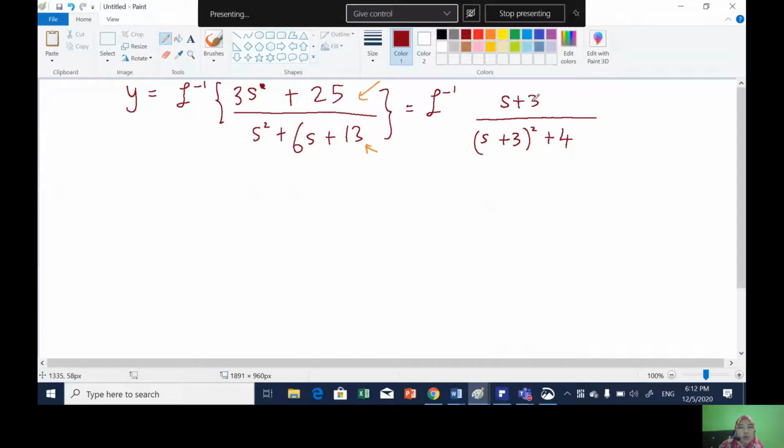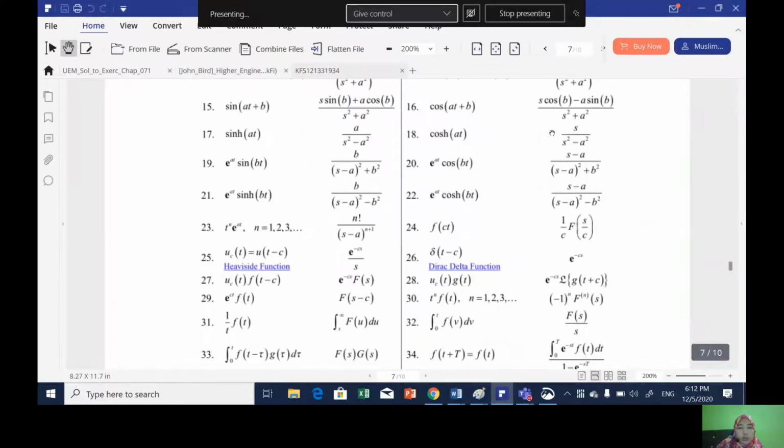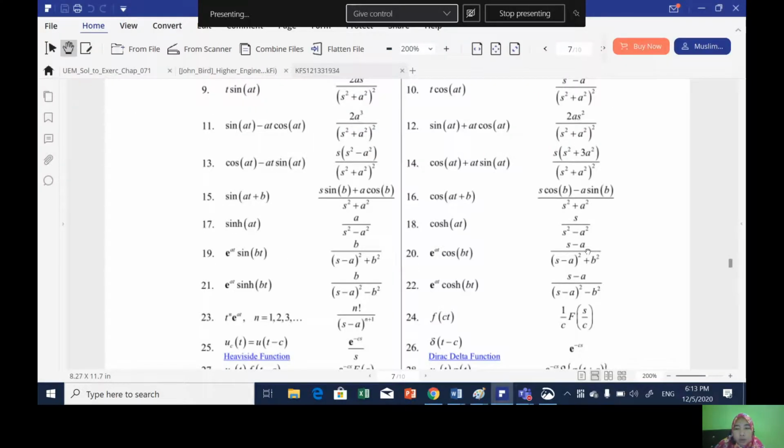Okay, if you're already familiar with the Laplace table, you can check that when we have a numerator and denominator that have the same factor, in the Laplace table we can use the one containing, probably, number 20. It looks similar to this one, number 20.